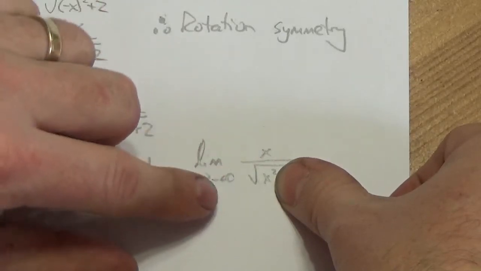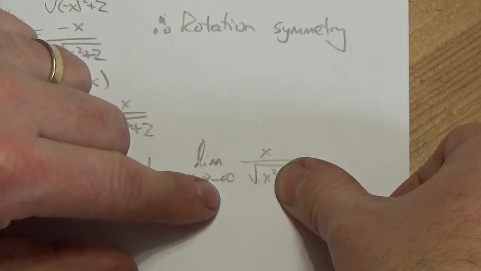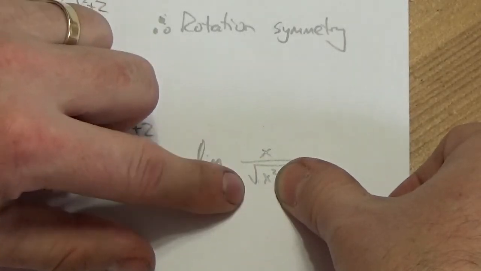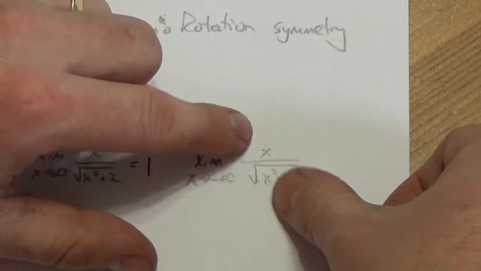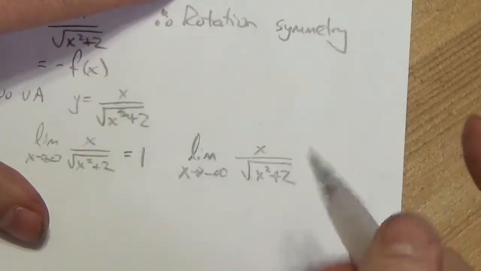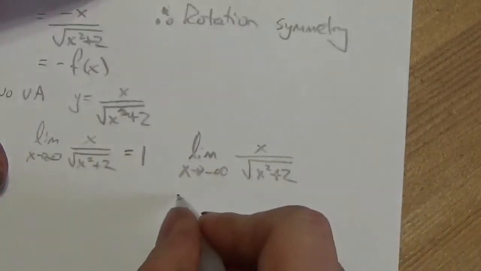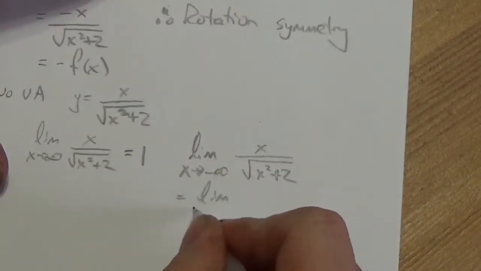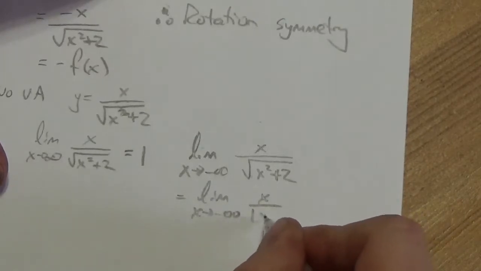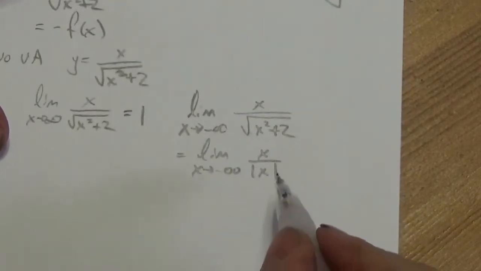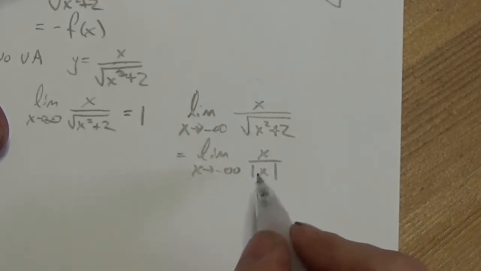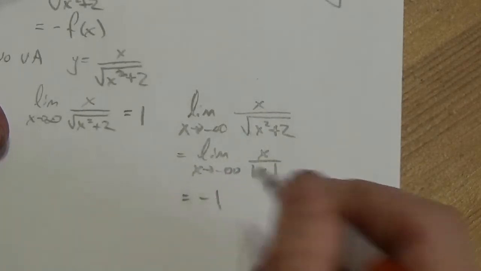But bear in mind, I'm taking the limit as x goes to negative infinity. So the numerator is going to be negative. The denominator will be positive, but they're going to be the same value. Because really what this is like is taking the limit as x goes to negative infinity of x over the absolute value of x. So even though they've got the same number, the numerator is going to be negative, the denominator is going to be positive. This is basically going to be negative 1.